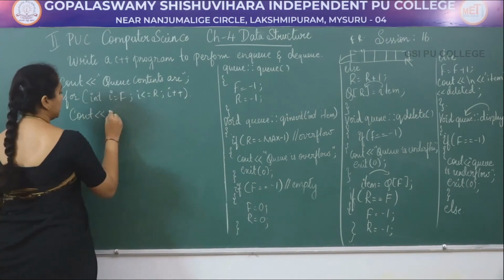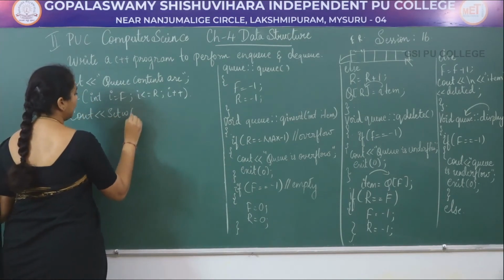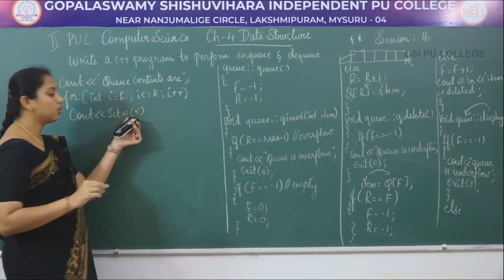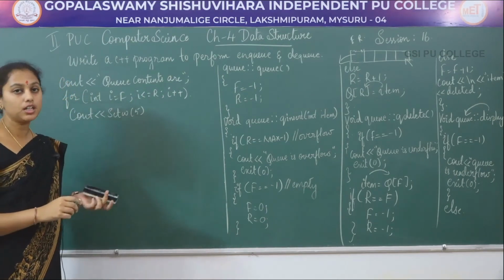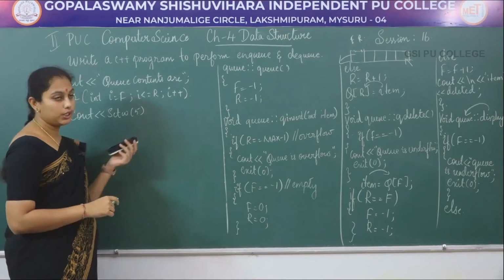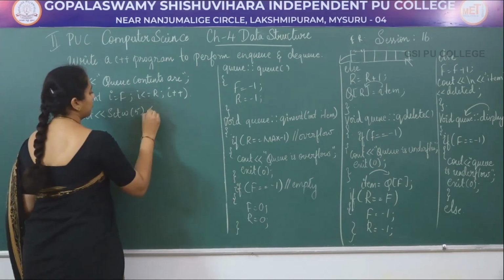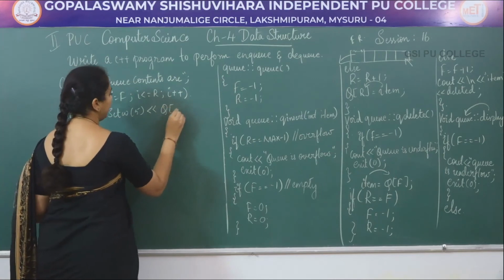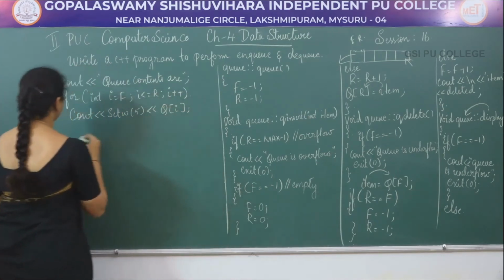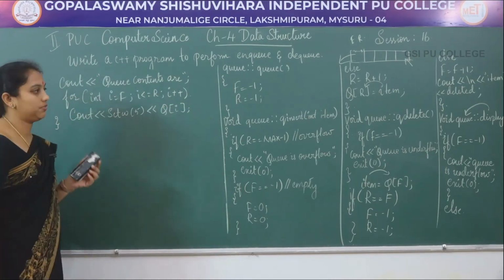Cout setw of 5. It is used to set the field width between the items of the queue while displaying. Queue of i. So this is about the display function.